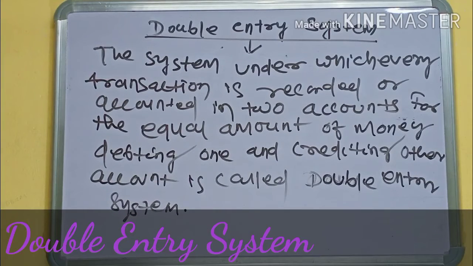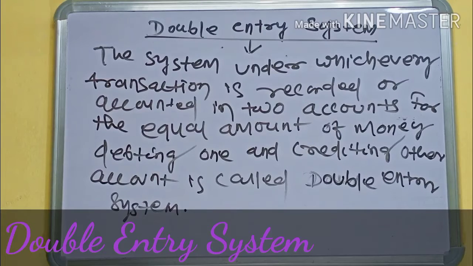Then the double entry system is a system of accounting to keep a record of a transaction. As per the dual entity concept, in this system each transaction is recorded in two accounts for an equal amount of money, debiting one account and crediting another account.